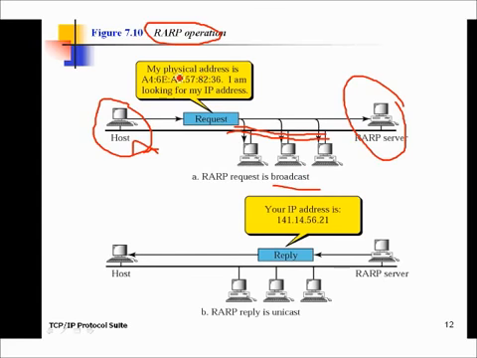The message is, my physical address is A4 6E A5 57 A2 36. I am looking for my IP address. Then on the other side, the reverse address resolution protocol server sends a reply message. The reply is a unicast. The message is, your IP address is 141.14.56.21.